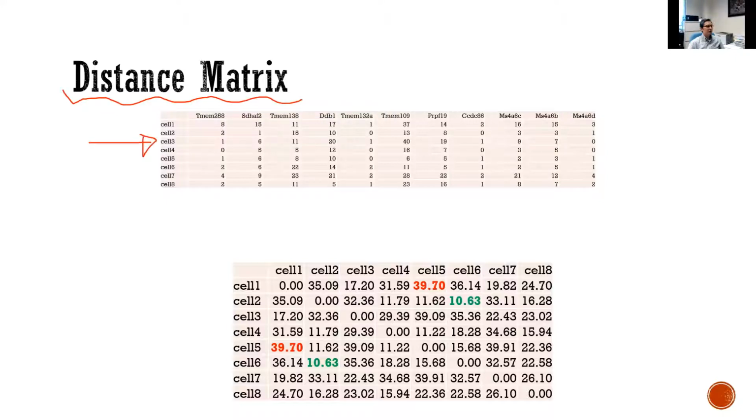So this is the original raw data, and then you want to transform it into a distance matrix. So that's a distance matrix.